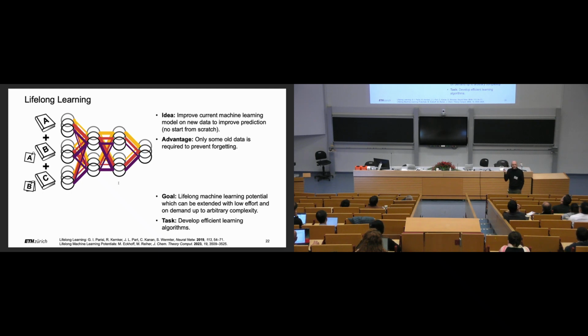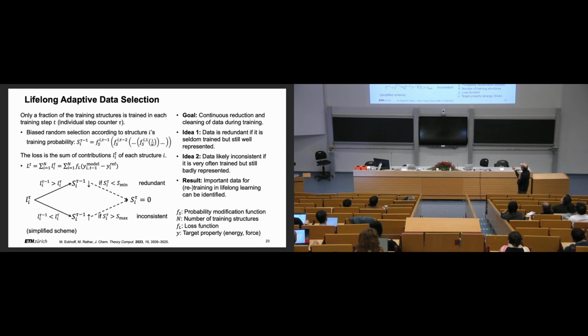We don't want to forget the old data, and we don't want to start training right from the start, because that would be super inefficient. And then we will continuously see more data, and we don't want to forget the old data. And we need to come up with an optimization scheme that can deal with that. Basically, that implies that you need to have a scheme for adaptive data selection.